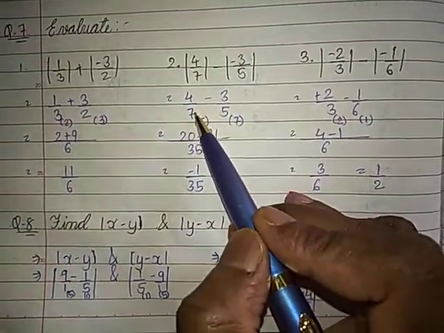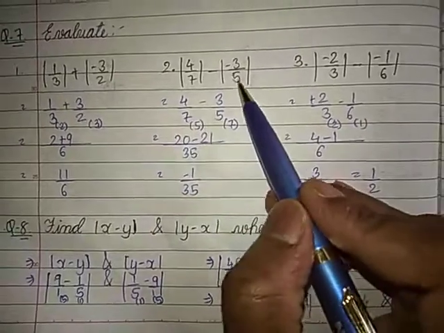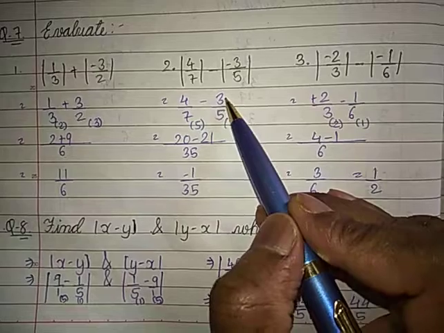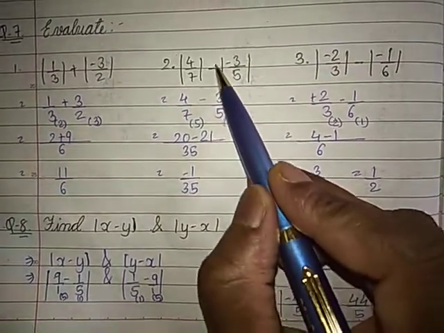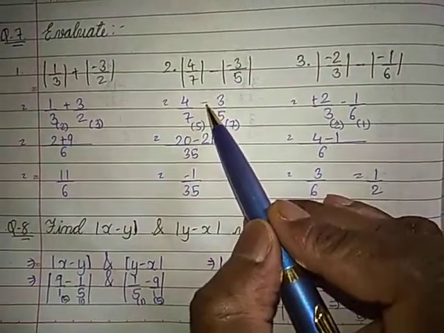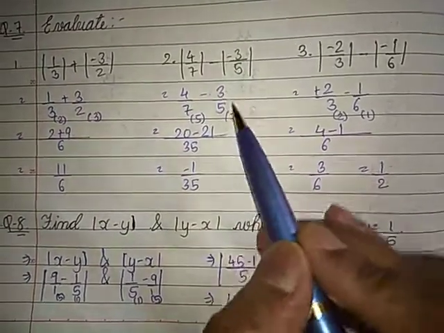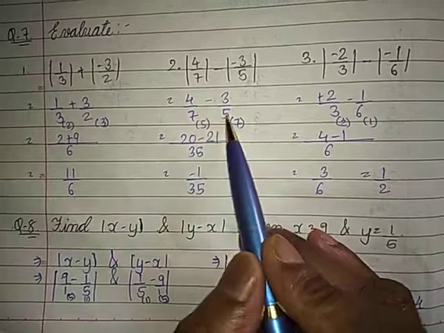Second question, 4 by 7. When it comes out from the mod, it will become 4 by 7. Minus 3 by 5, when it comes out from the mod, it will become 3 by 5. Since the minus sign is outside, it remains the same here, but the minus inside the mod becomes plus. What is the LCM? 7 5s are 35.